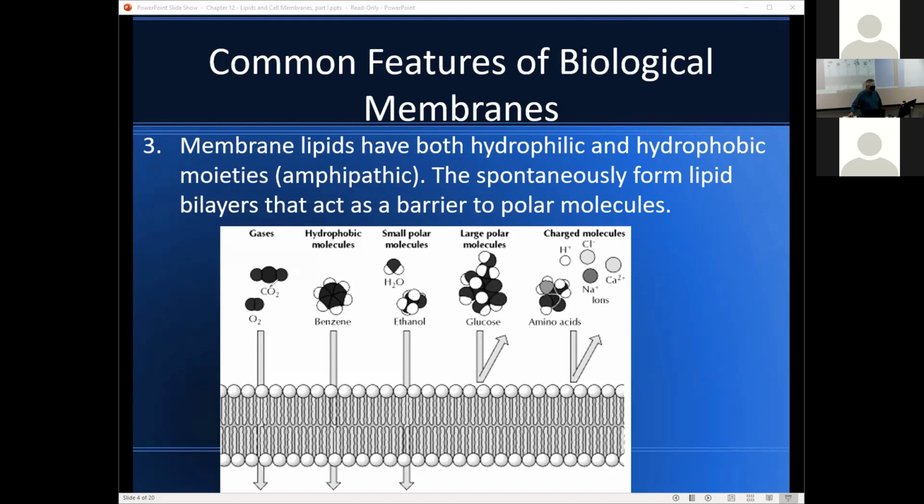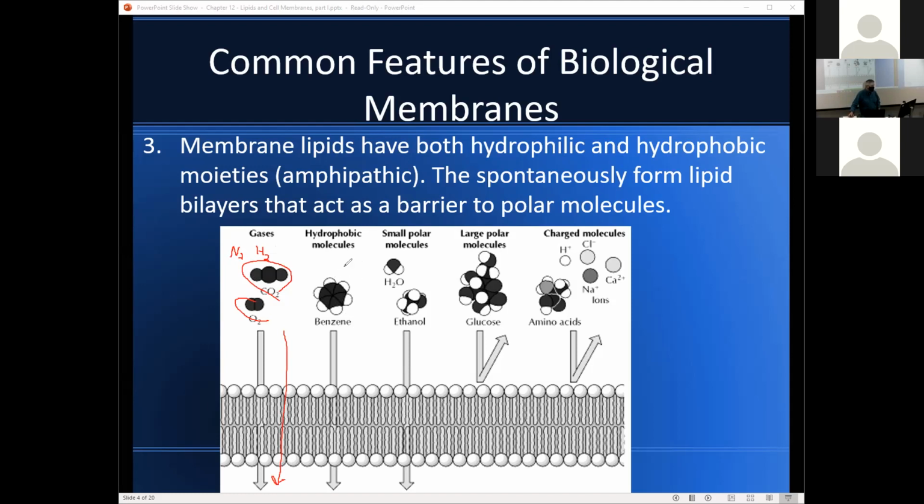Some examples are O2, molecular oxygen, CO2, carbon dioxide, and also molecules like N2, molecular nitrogen, and H2, molecular hydrogen. What all of these have in common is that they're small, nonpolar, and uncharged, which means they can diffuse across a phospholipid bilayer freely and directly.